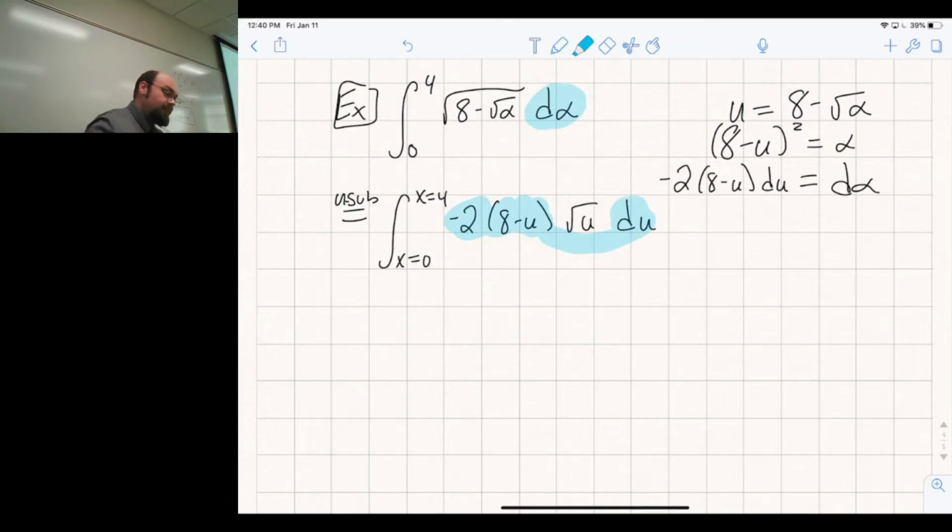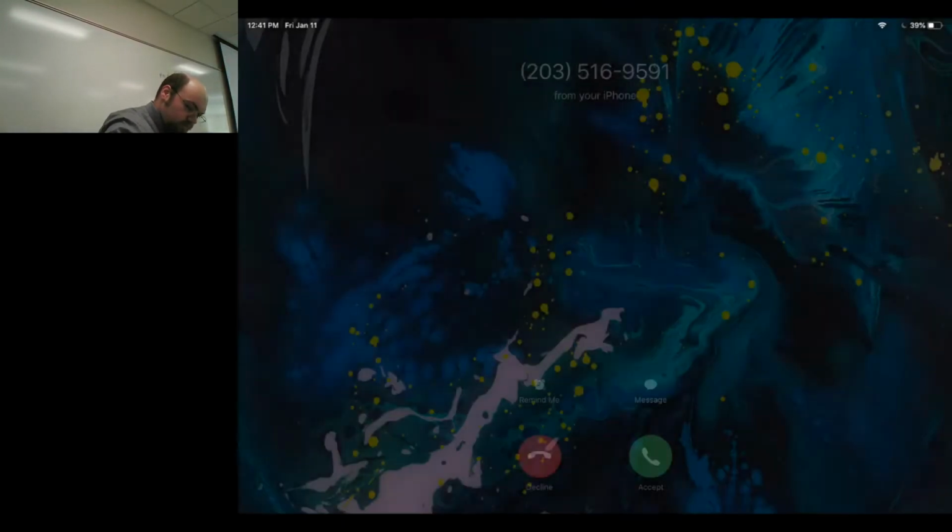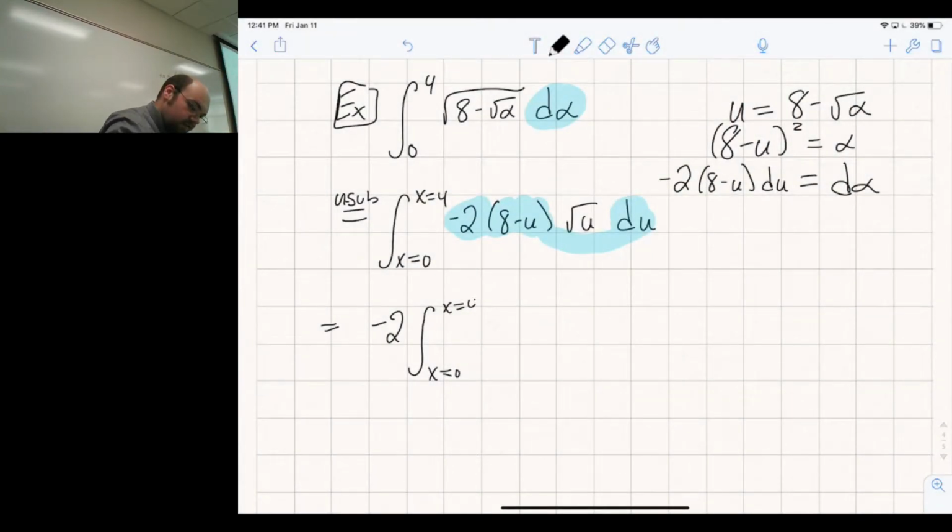Again, let's clean this up. The negative 2 can come out front. So we get 8 minus u times the square root of u.